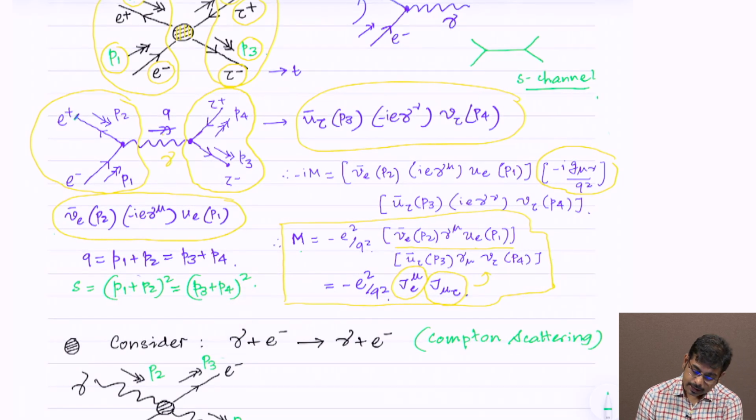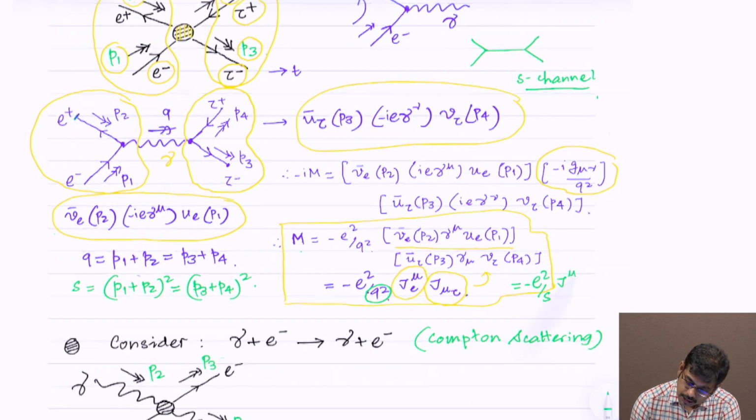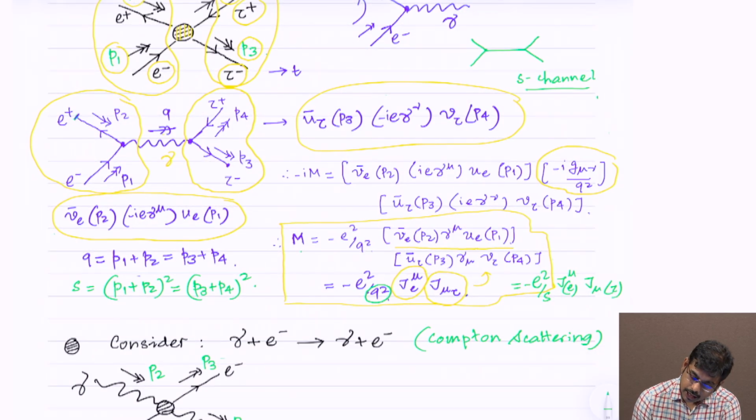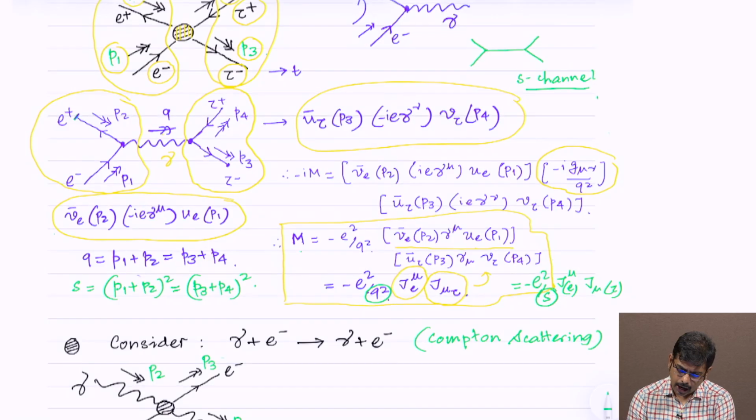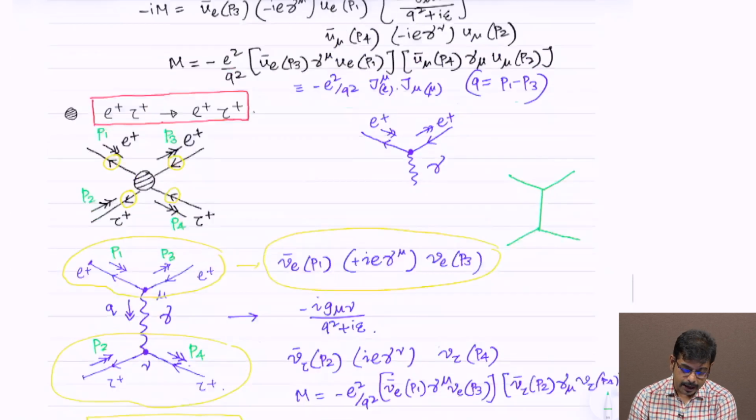So, you can see that this q square, the propagator momentum, is telling you that this graph is nothing but minus e square by S into j mu e into j mu tau, right. So, the propagator is carrying the information about what kind of graph this actually is.